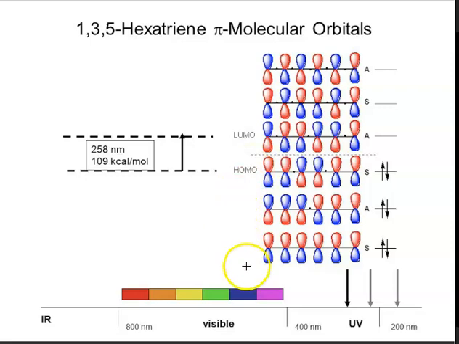And you'll notice here that there's this electromagnetic spectrum down at the bottom there. Those of you that have had physics, which I think you've all had, you'll remember that different wavelengths correspond to different energies.